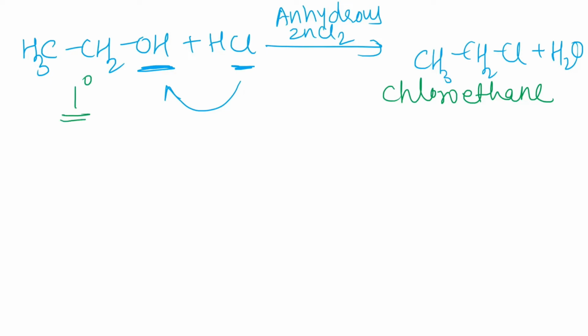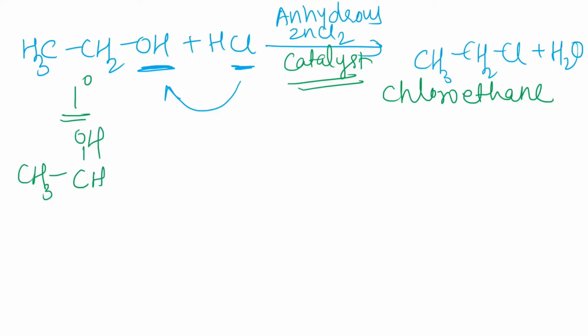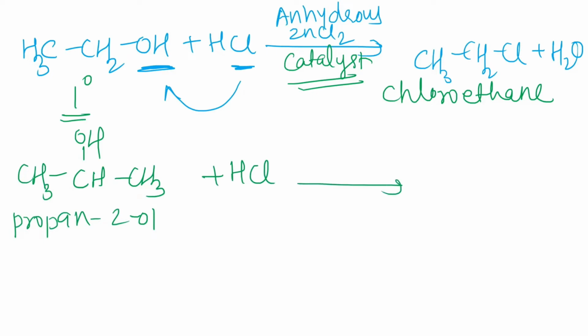Primary alcohols are less reactive and therefore we need this catalyst, that is anhydrous zinc chloride. Even if you have a secondary alcohol like propan-2-ol, that is isopropyl alcohol, if it is reacting with HCl, then also you will need this catalyst, anhydrous zinc chloride, which is making 2-chloropropane, right?